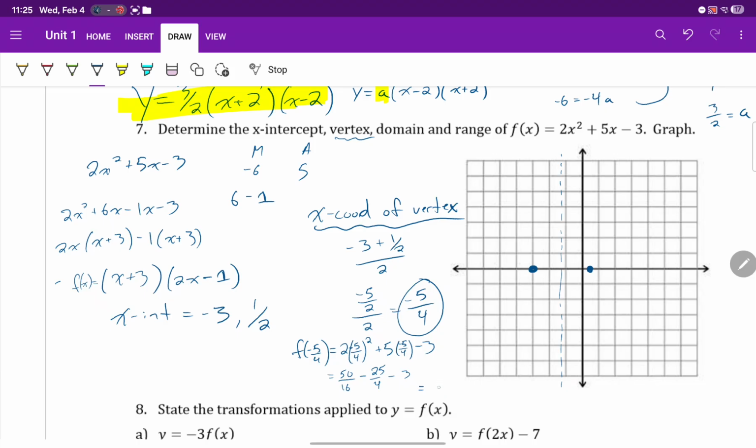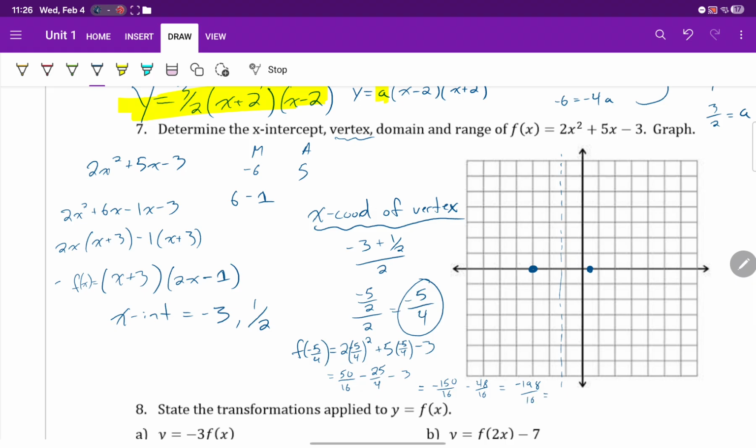Times 4, that's negative 100 over 16. Then negative 48 over 16, equals, oh boy. I need my calculator. That's negative 198 over 16. And I don't know what that is.